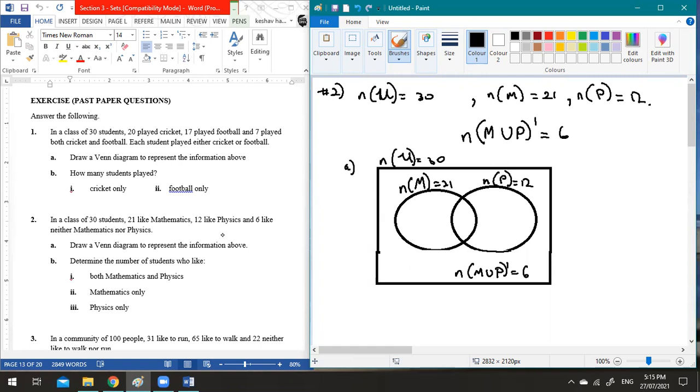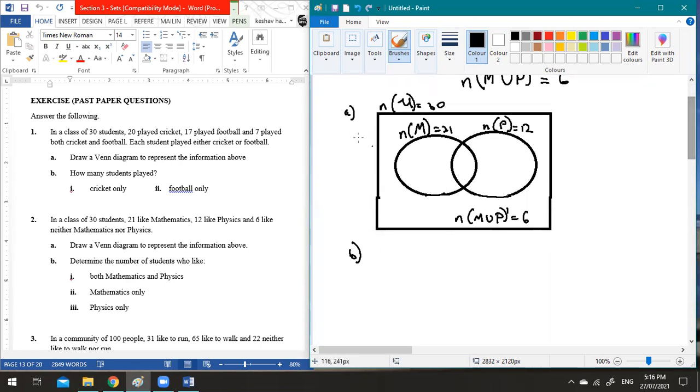Now we're not completing the Venn diagram until we finish part B. Why? Because we need to determine the number of students who like both mathematics and physics. So that would be the number inside here in the middle, or the intersection, right? Who like both. Now we have to consider the universal set is 30 students.